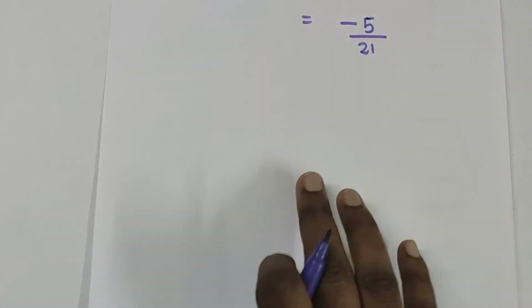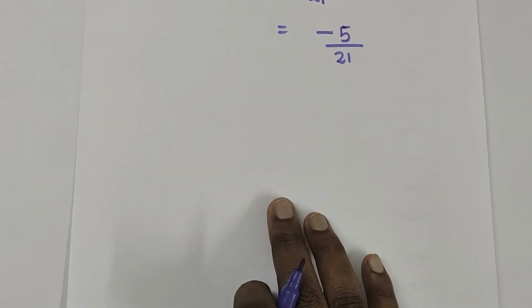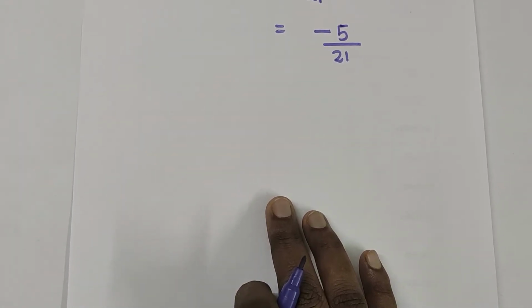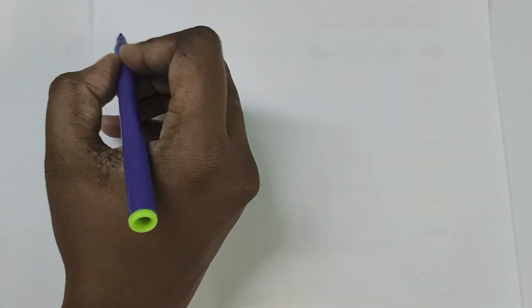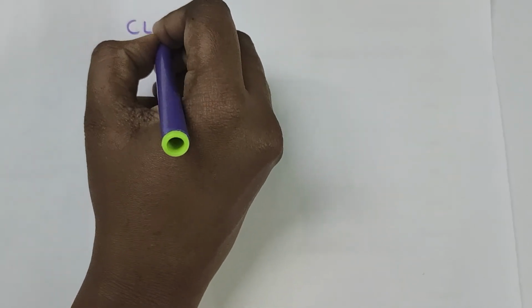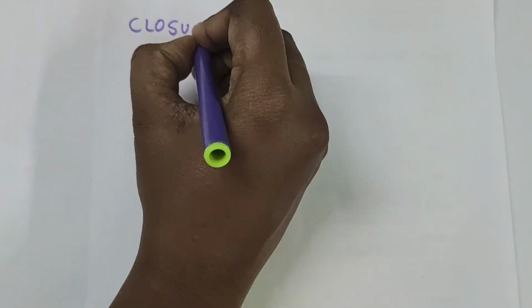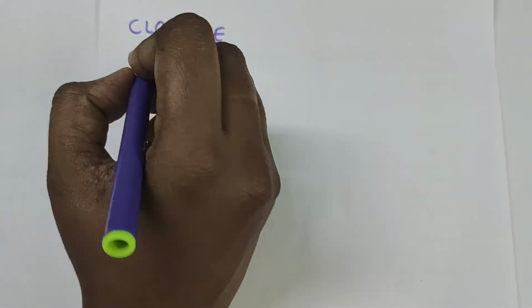So let us do some other kind of questions. Before solving that, I would also like to tell you about the properties of rational numbers with subtraction. Let us start with the first property, that is the closure property. If you remember, we also tested this for addition.